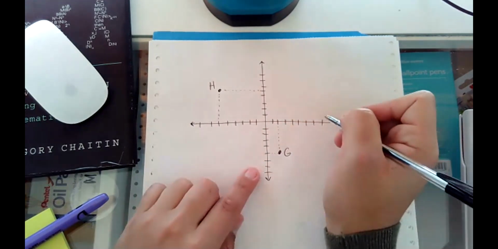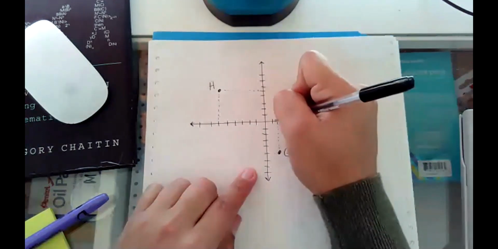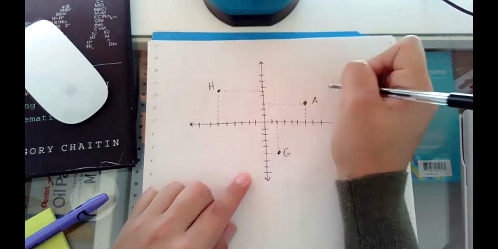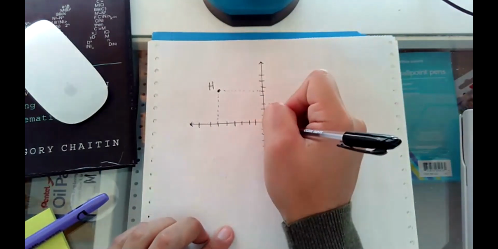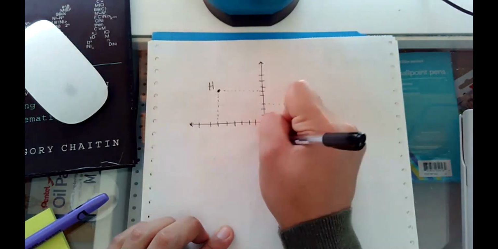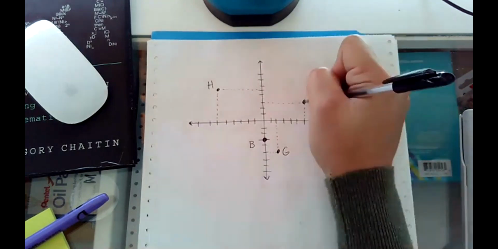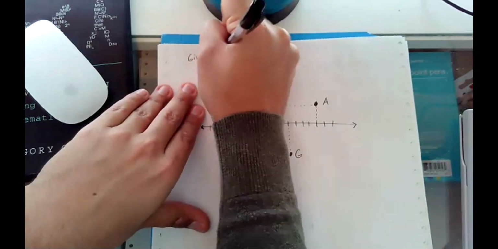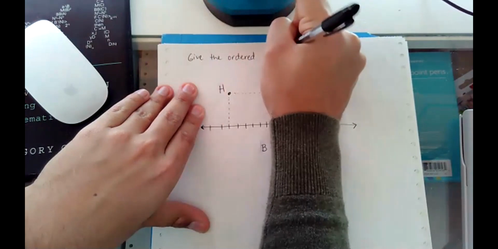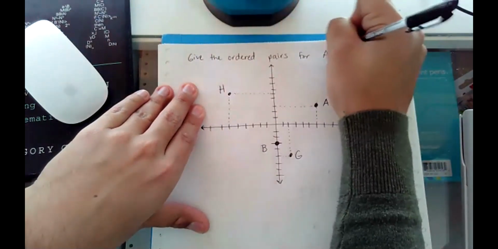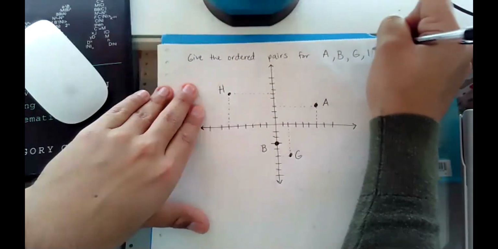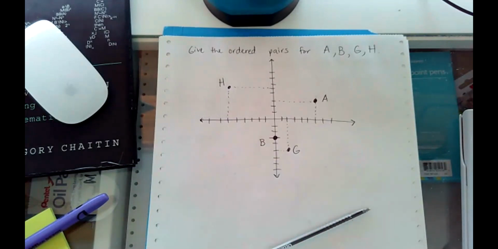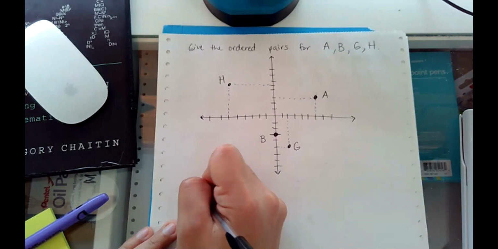And call this one G. I'm going to call this one right there A. And I'm going to call this one right here B. So what I want you to do is take a moment to give the ordered pairs for A, B, G, and H. So just take a second to figure that out.